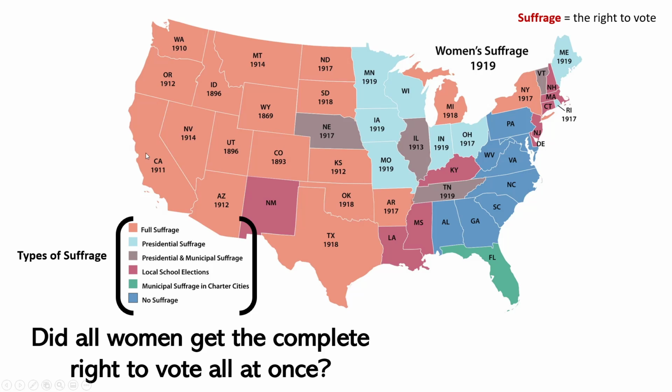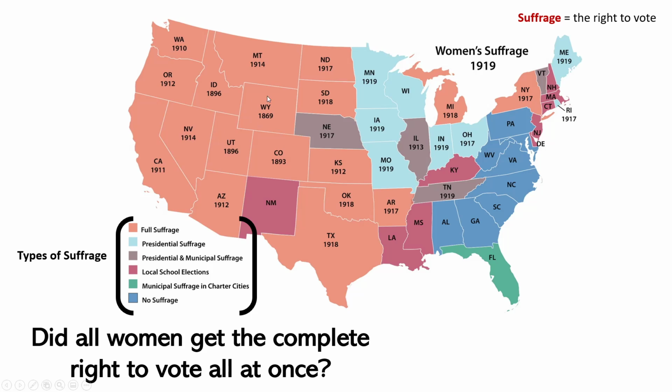So in the West, women would start to be treated more as equals because the West was kind of a rough life. They weren't these big cities where women were just relegated to stay at home or to do some really small job in a factory. They had a tough life along with the rest of the family. So they were awarded political power pretty quickly and were given full suffrage rights pretty quickly.